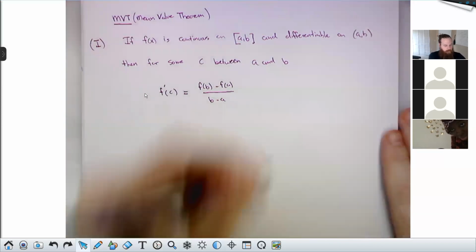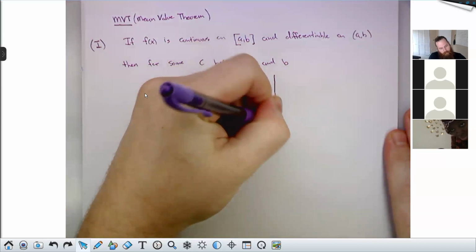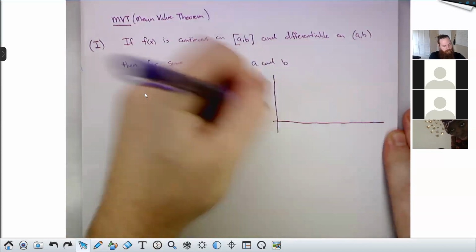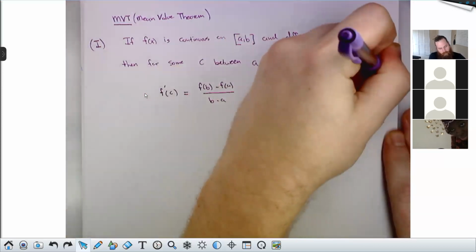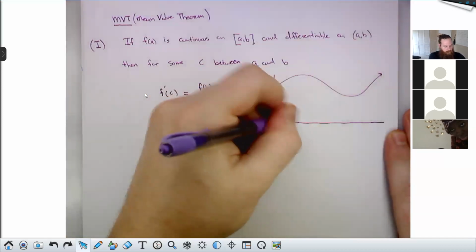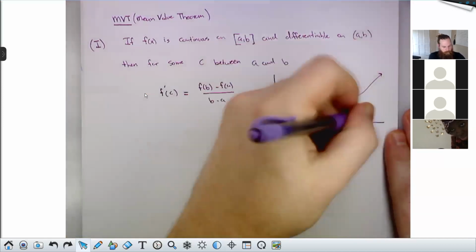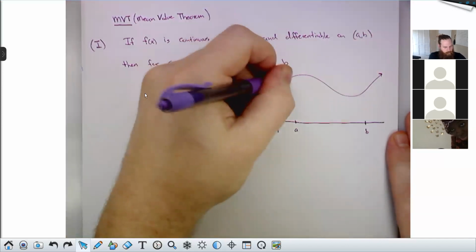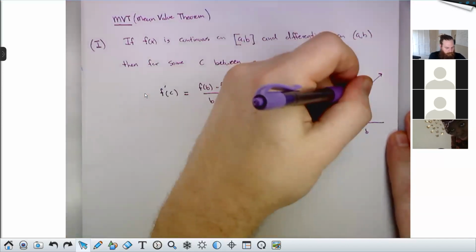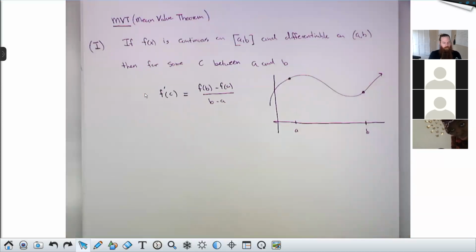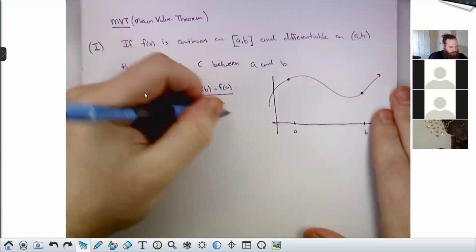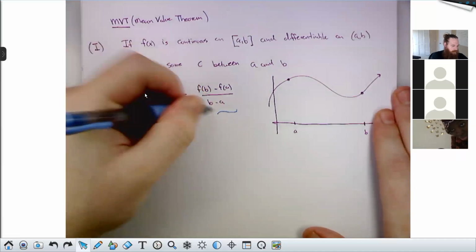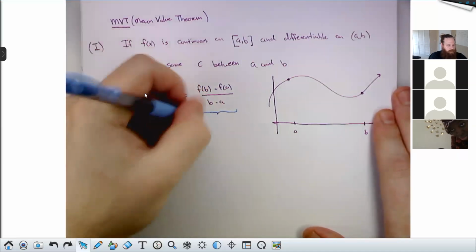And the picture is this. Maybe over here is a, and maybe over here is b. The function I've just drawn is certainly differentiable and continuous everywhere on the interval [a, b]. And the object on the right-hand side over here is the slope of the secant line.